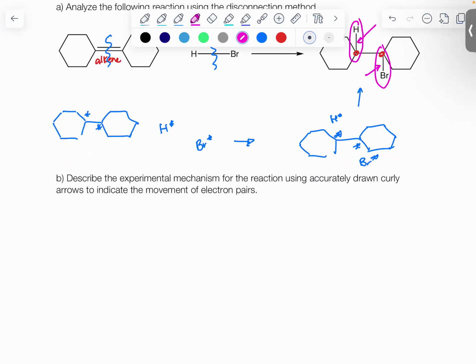We can look at the curly arrow method of this. So we'll start with our starting alkene. And like I said earlier, this is a strong acid, so it will exist in its ionized forms.